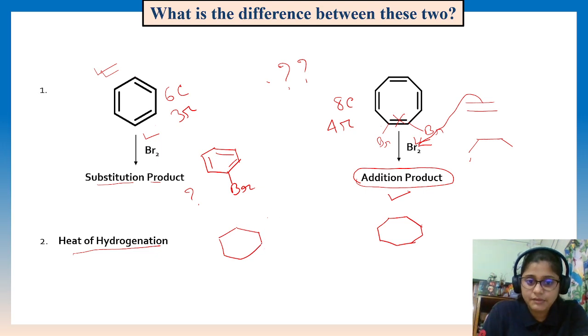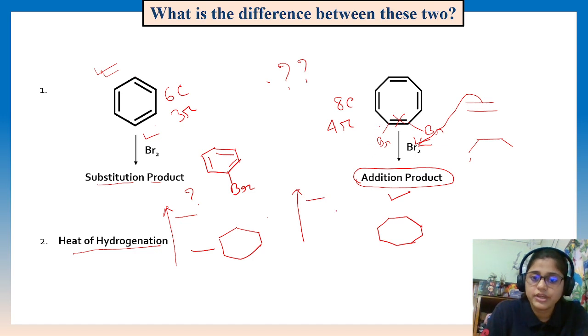If we see the energy profile diagram, let's say the benzene energy level is here, and for this case the energy is here. After hydrogenation, the stability of the product increases, so it goes down like this.